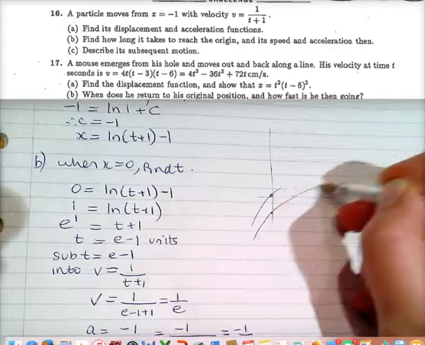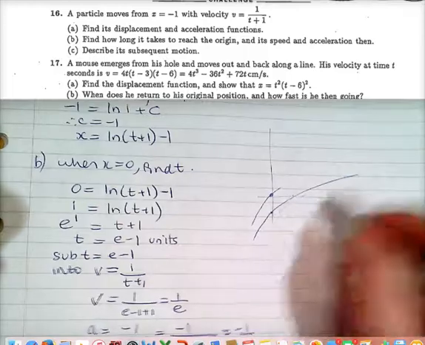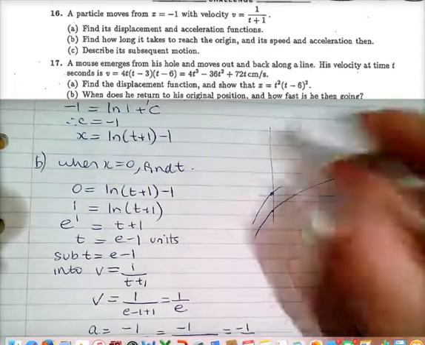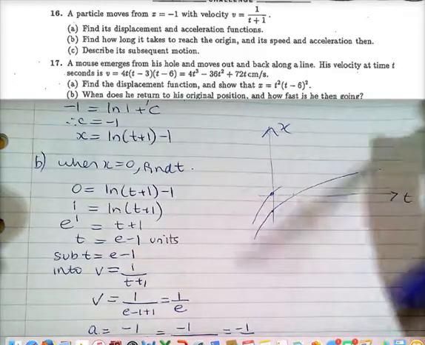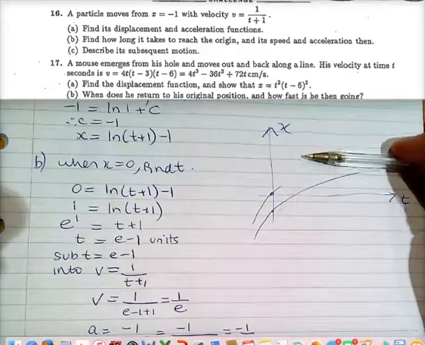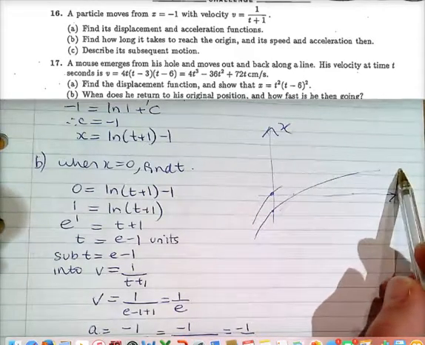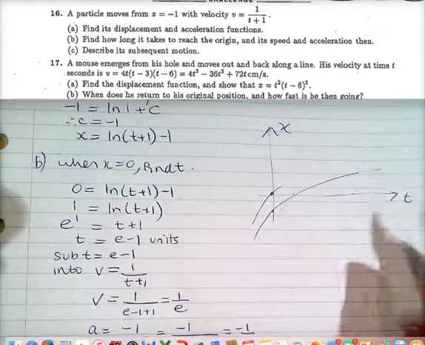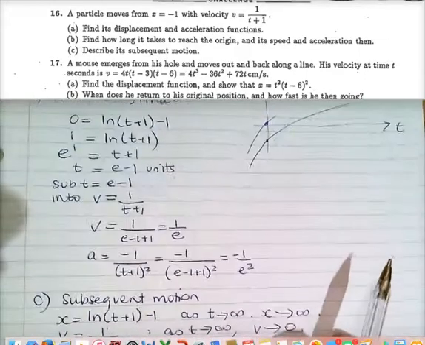As time goes on, if this is x and t, it's getting flatter and flatter. So velocity is approaching 0, but it's still not constant velocity. So the acceleration is very, very small, and it's approaching 0 as well, but it'll never become 0.